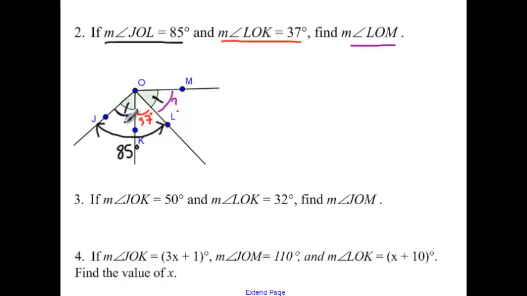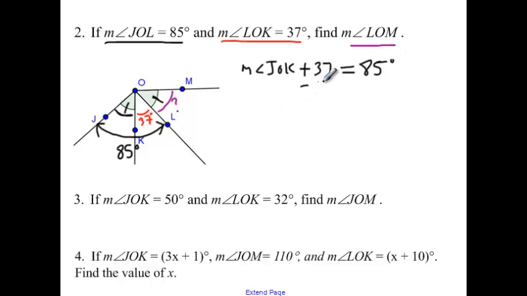Angle JOK would be found by taking and adding that 37-degree portion, and if we do that, then we get the full rotation from JO to L, and that's our 85 degrees. So that's a total of 85 degrees.